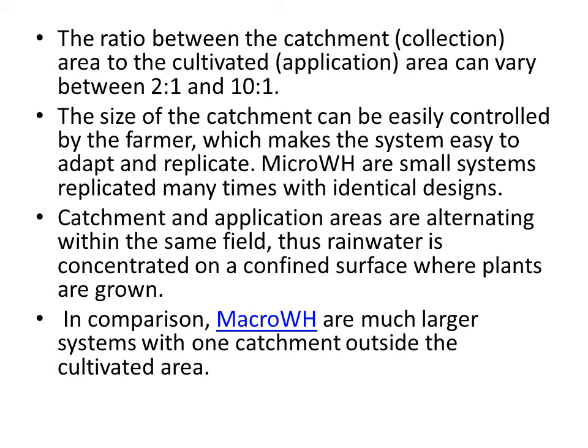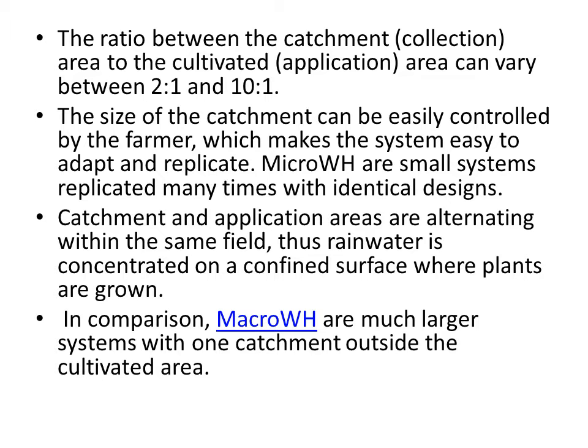The ratio between the catchment area to the cultivated area can vary between 2 to 1 or 10 to 1. So the ratio at which the water is collected from an area to the area which can be cultivated varies from 2 to 1 to 10 to 1. If there is an area of 2 acres as a catchment, then you can cultivate an area of 1 acre, and it ranges up to 10 to 1.